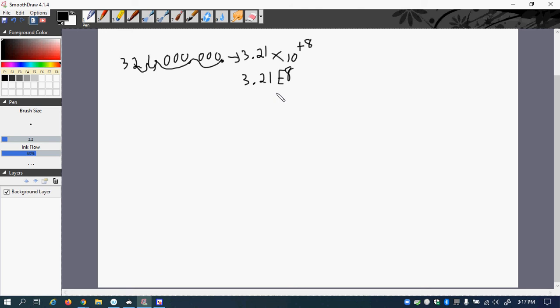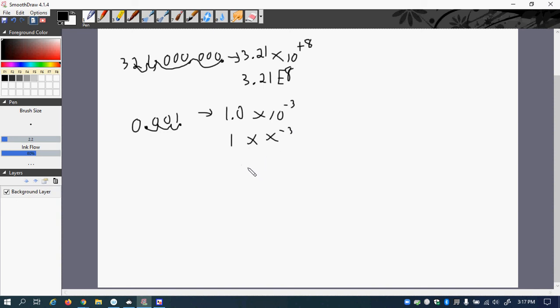Okay. If you have 0.001, this is a small number, so I know it's going to be times 10 to the negative. So I'm going to count it 1, 2, 3. So I know this is 3, and it's a 1.0, or just 1. You could write it this way too.